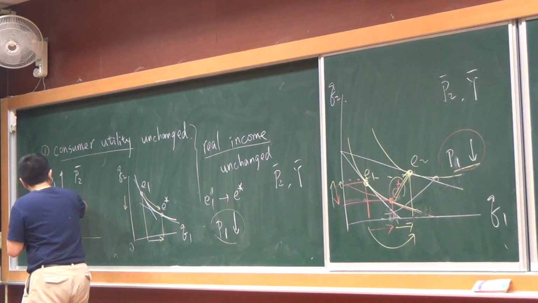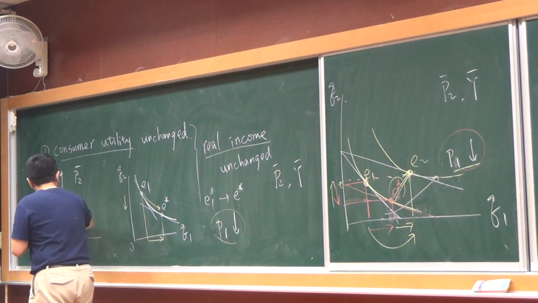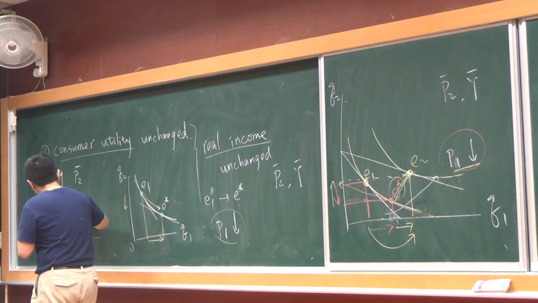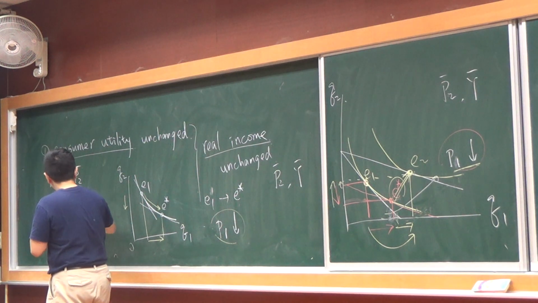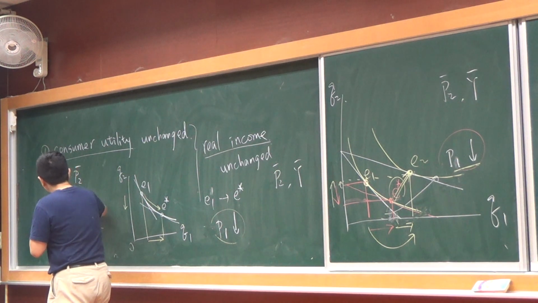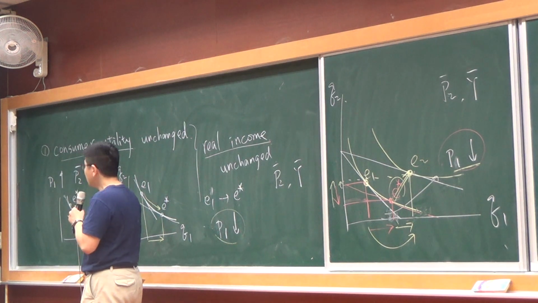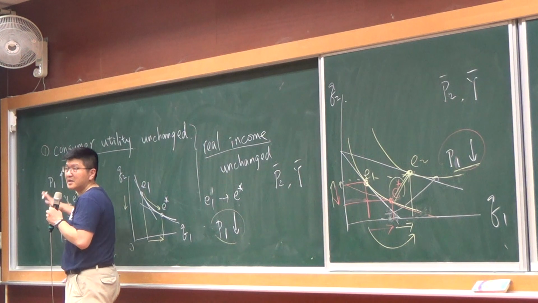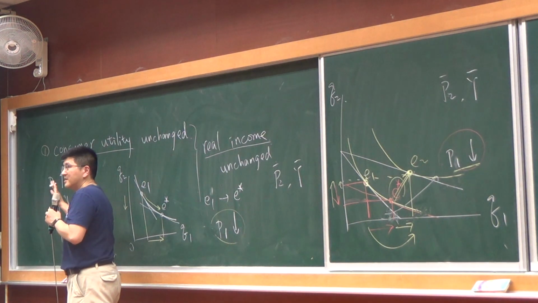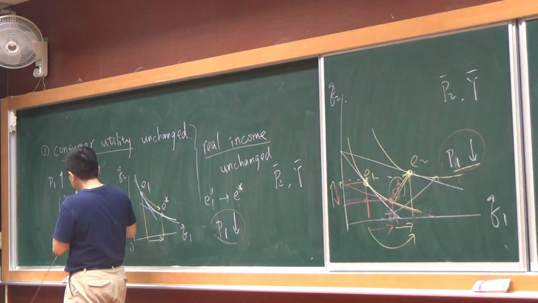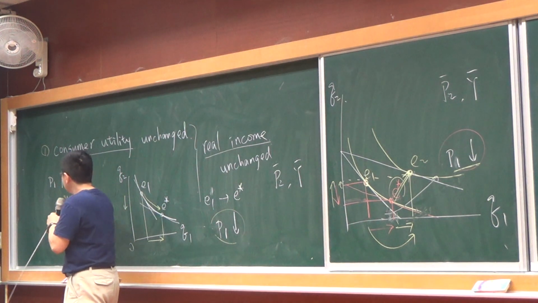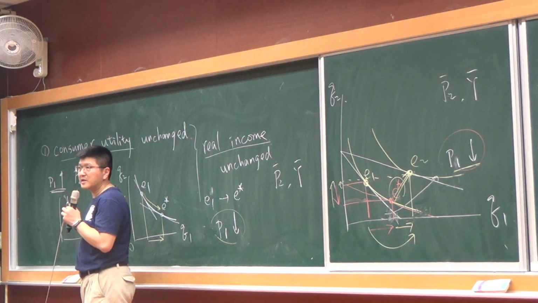So in this case, this would be E1, this would be E star, right? When the price goes up, the slope would be steeper, the straight line would be steeper, reflecting the increase in P1.